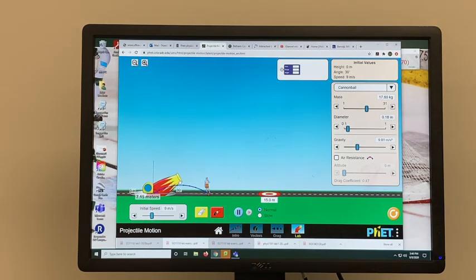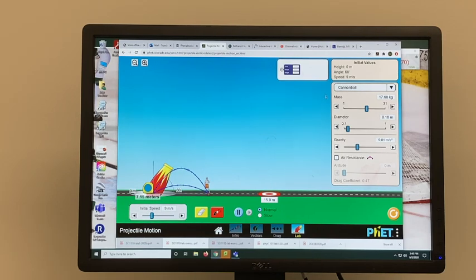So we'll do 90 minus 30, which would be 60 degrees. Fire again, and it lands in exactly the same spot. So that's part of what you find: if you do the angle and 90 minus the angle, you'll get the same values for that.